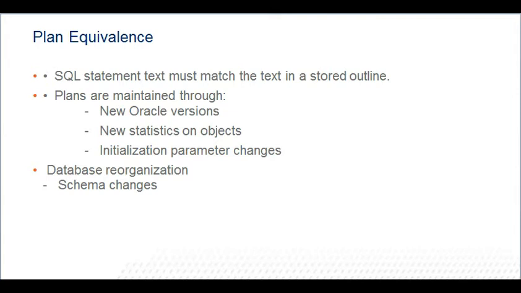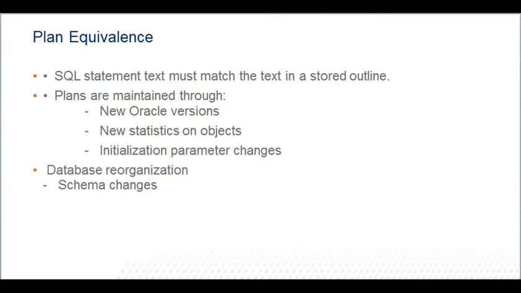Therefore, the degree to which a plan remains equivalent is dependent on the capabilities of the hints the plan uses. The execution steps included in a stored outline include row access methods, join orders, join methods, distributed accesses, view and subquery merging. Distributed access does not include the execution plan on the remote node.